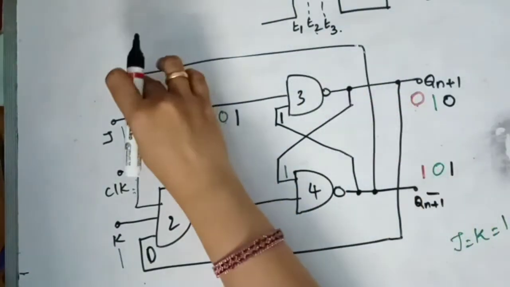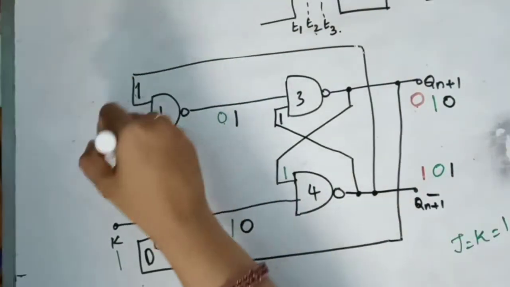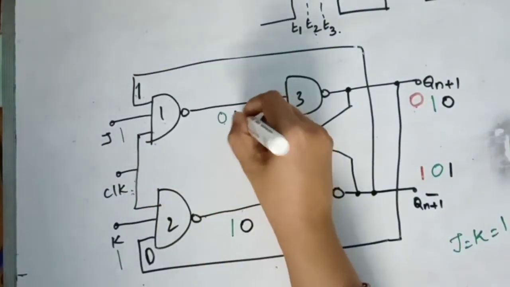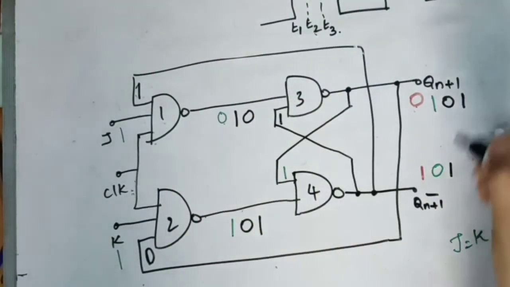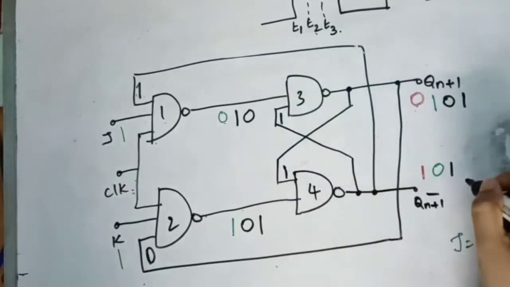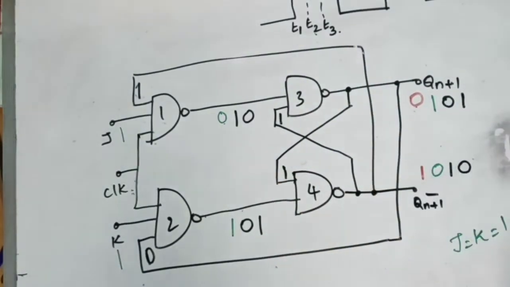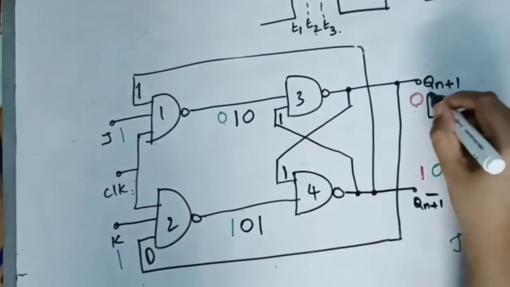This 1 will come here. So this will become 0. This will become 1. This becomes 0. This becomes 1. And that 1 comes here and this becomes 0. So for a single clock, I got so many outputs.